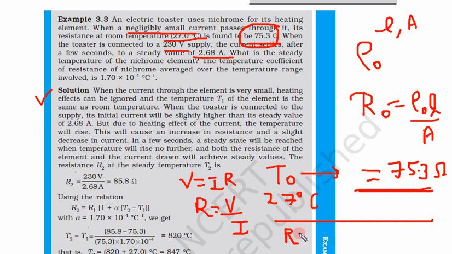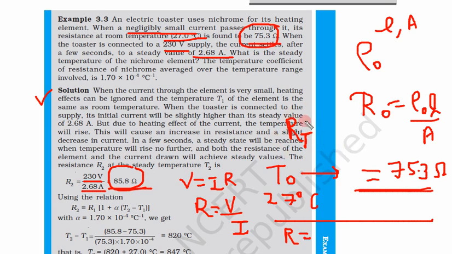So resistance is equal to 230 volt divided by 2.68 ampere, that is 85.8 ohm.